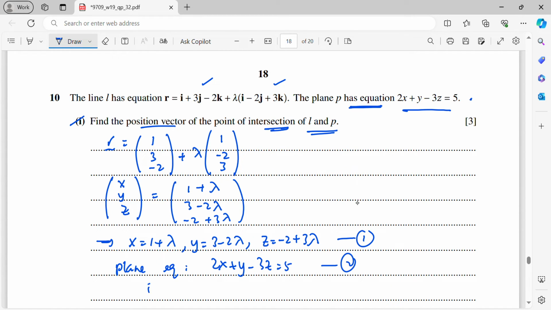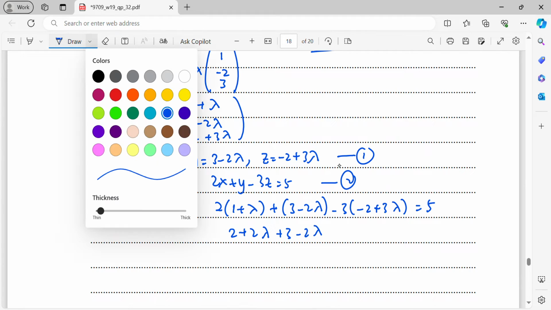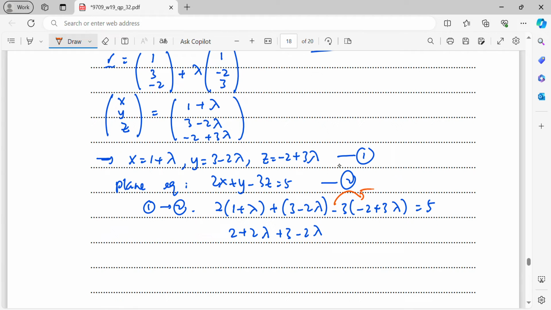So I substitute first into second. It will be 2 of 1 plus lambda plus 3 minus 2 lambda minus 3 of minus 2 plus 3 lambda equals 5. Now just do expansion. 2 plus 2 lambda plus 3 minus 2 lambda, and then followed by this minus 3 bring into the bracket, and then you will be getting plus 6 minus 9 lambda equals 5.